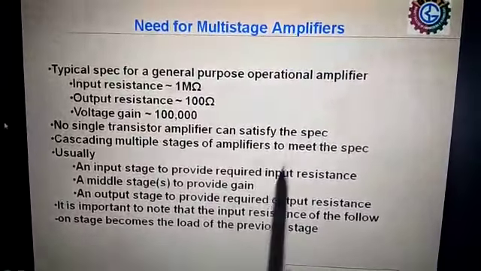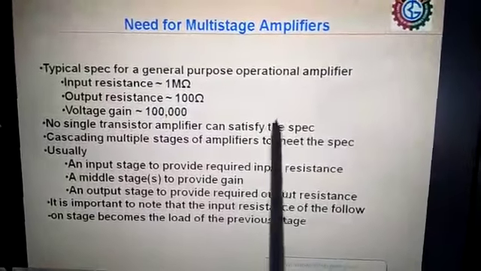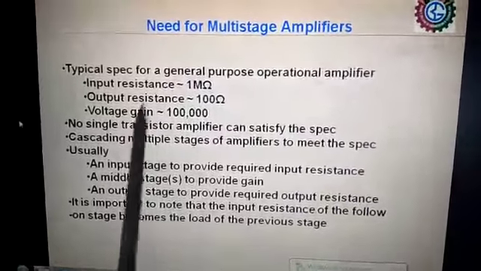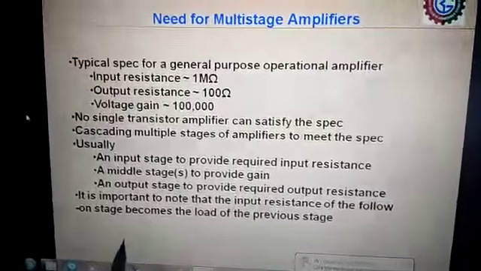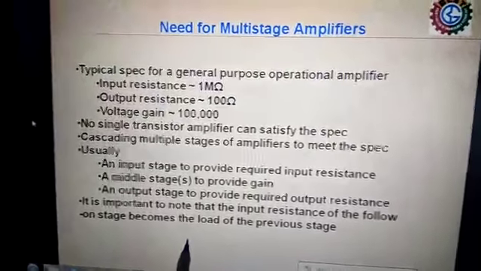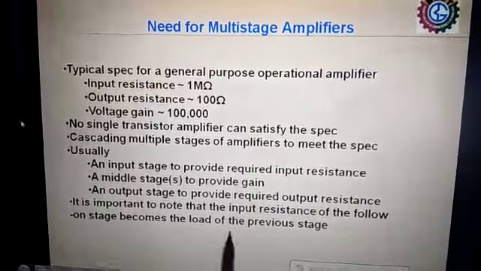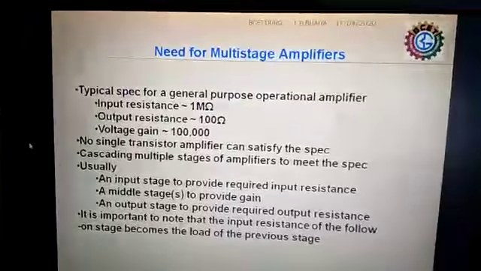I have already told you, the loading effect may be there. The loading effect of the last stage will be on the previous stage, the loading effect of the last two stages will be on the previous stage, and so on. This is called the load of the previous stage. The follow-on stage becomes the load of the previous stage.